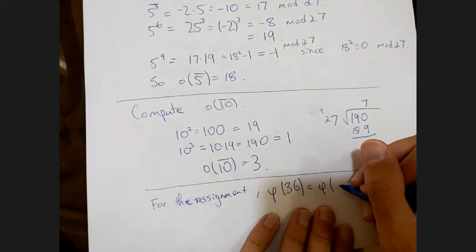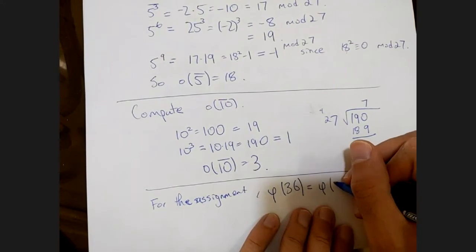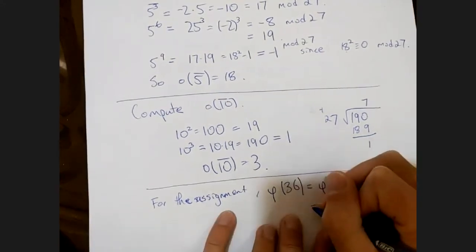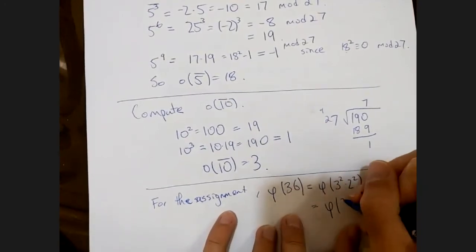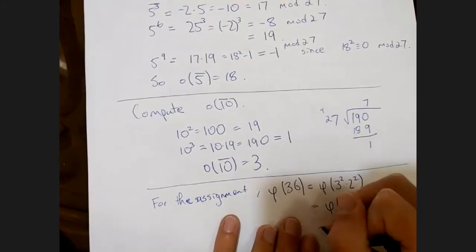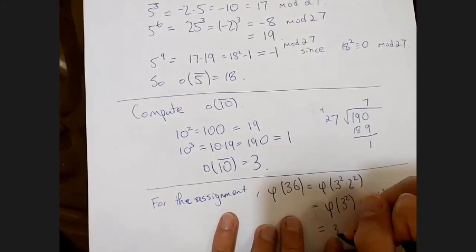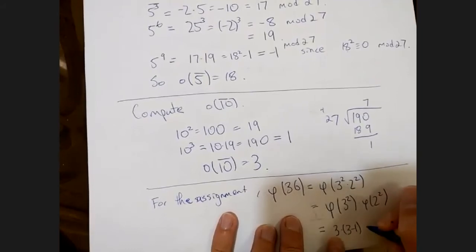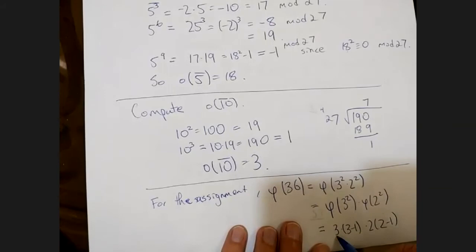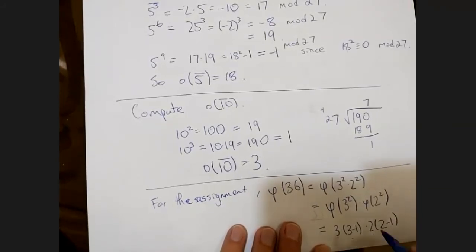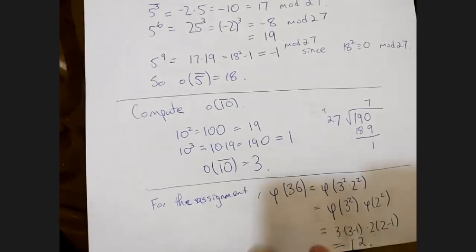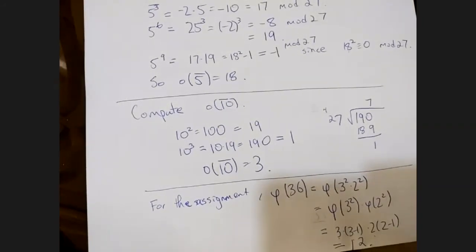So 36 is 9 times 4, so it's 3 squared times 2 squared. So that's phi of 3 squared times phi of 2 squared. That's 3 times (3 minus 1) times 2 times (2 minus 1). That is 3 times 2 times 2 times 1, which is 12. So phi of 36 is 12.